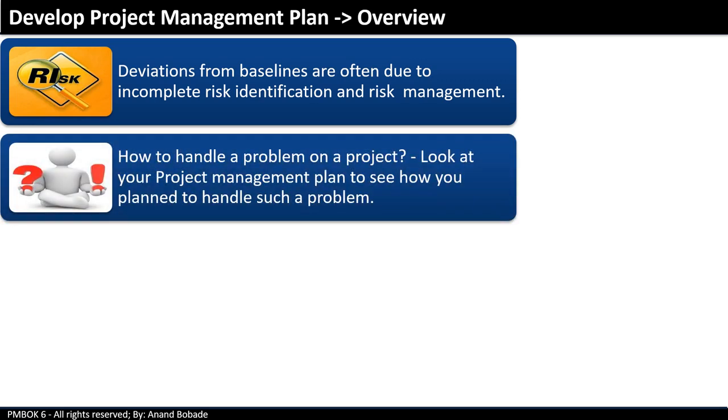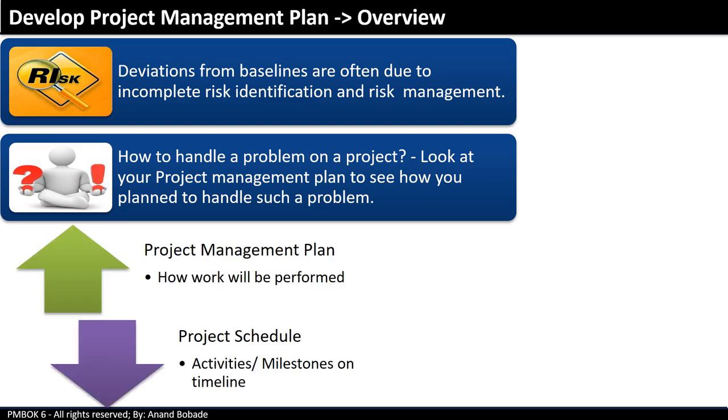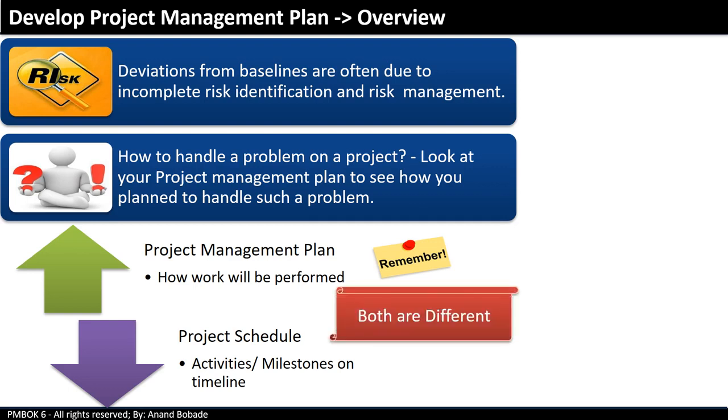Another common misunderstanding is between the project management plan and the project schedule. The project management plan tells you how work will be performed. The project schedule is activities and milestones on a timeline. Remember, both are not the same. The project schedule is a component of the project management plan.